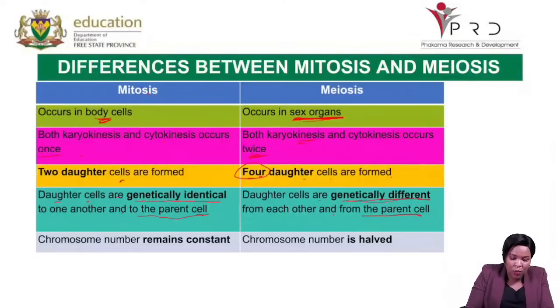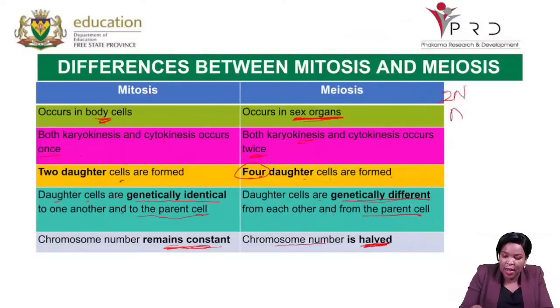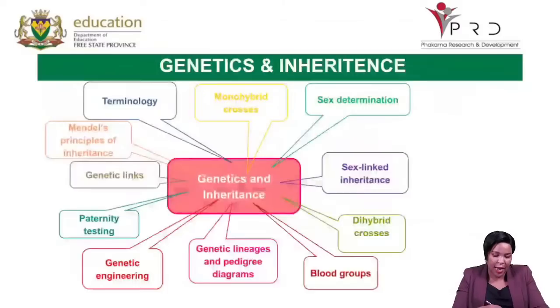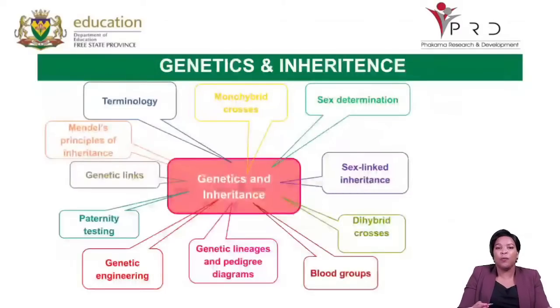In mitosis the chromosome number remains constant, 8, 8, 8, 8, 8. But in meiosis, the chromosome number is halved. Remember, we're taking it from a diploid situation to a haploid situation with meiosis. Right, so that is your topic, meiosis.